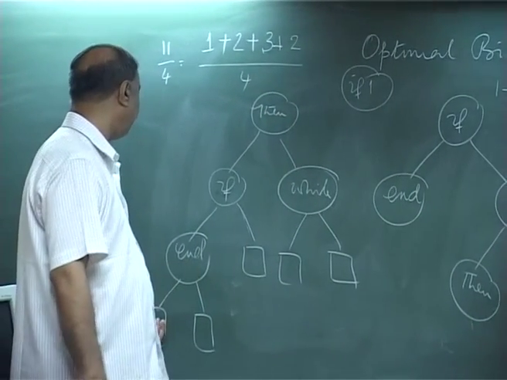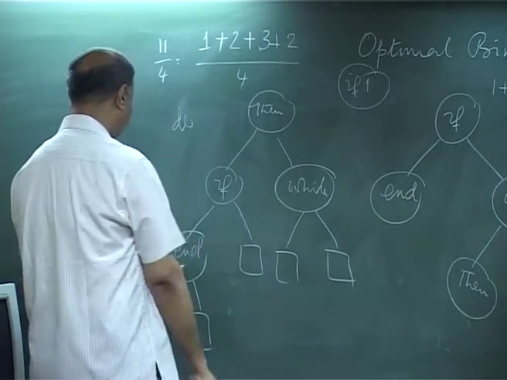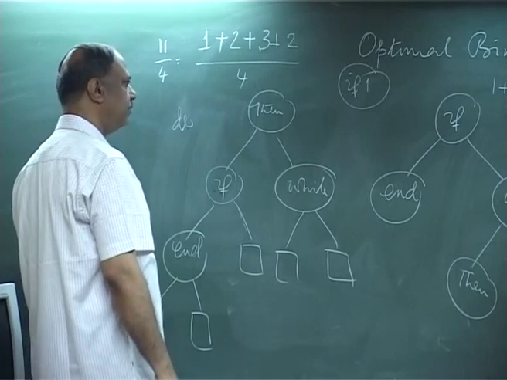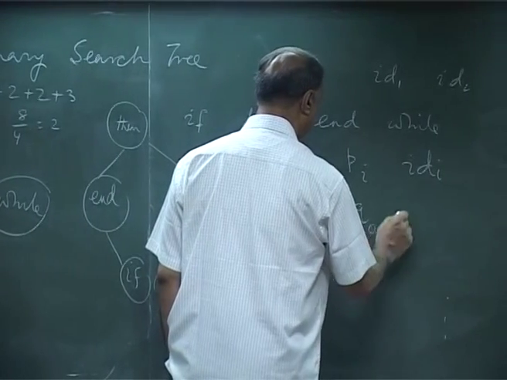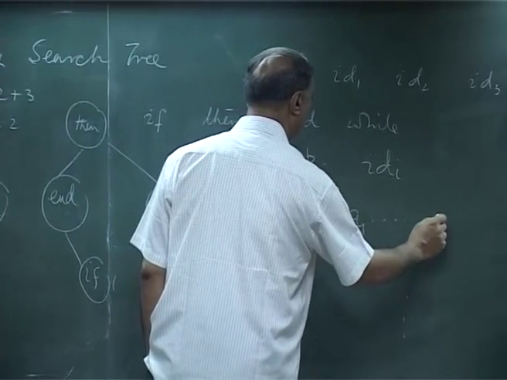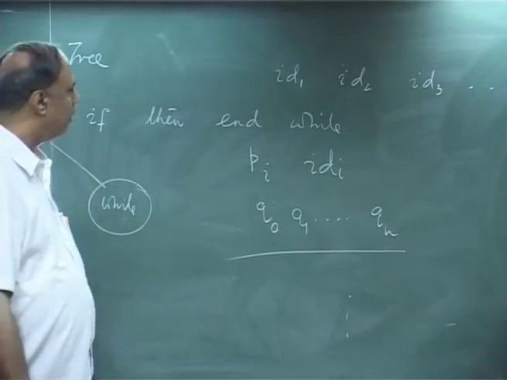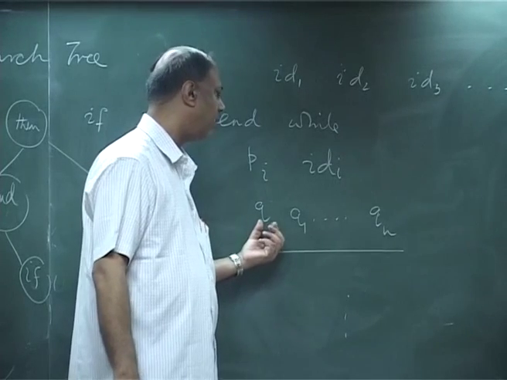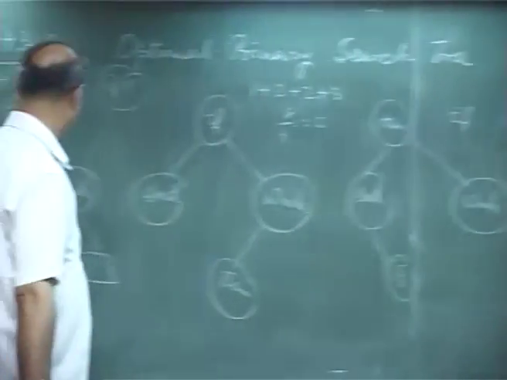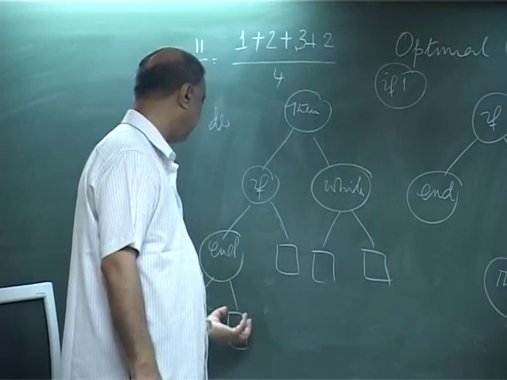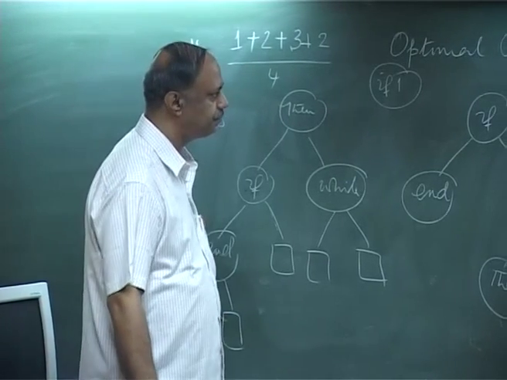If I have one item, say "do", it will come here because it does not exist, so it becomes a failure search. So there will be Q0, Q1, Q2, Qi, and Qn, that many. These are the probabilities for unsuccessful search. That means this unsuccessful search leads to this class of items and so on.